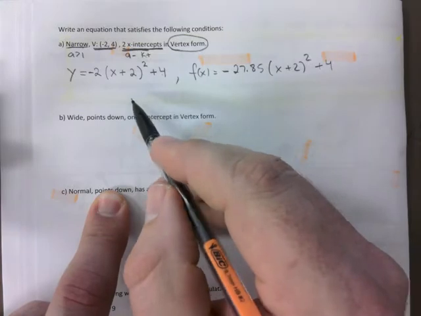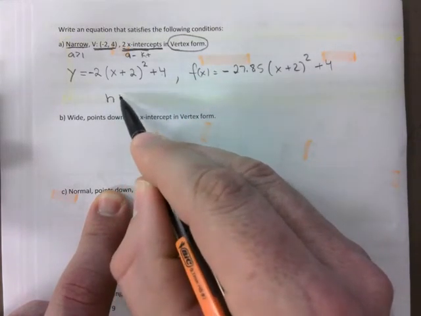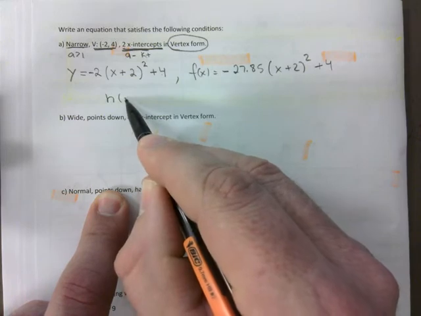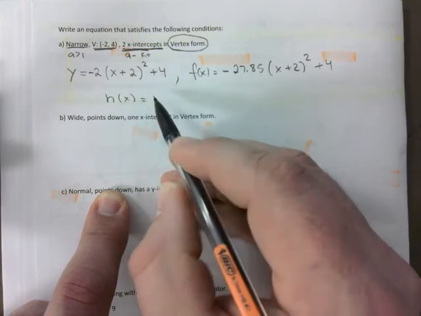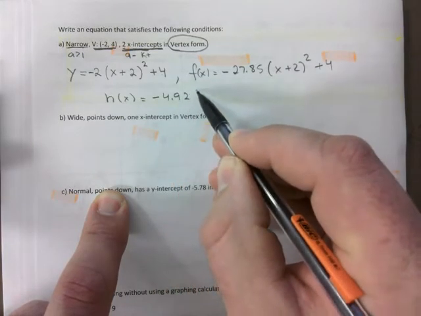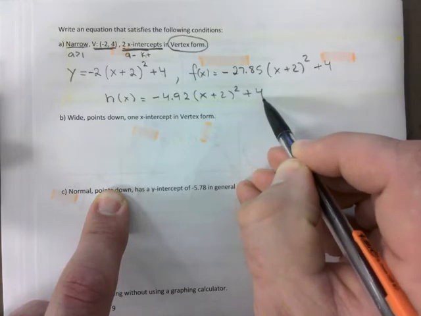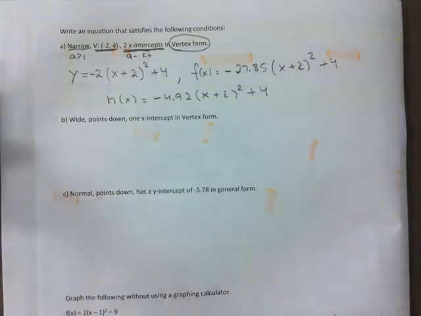So I could go here, you could go h of x, if you wanted to, -4.9 times x plus 2 squared plus 4, right? It all works out. So what if you want to use y, f of x, h of x, g of x, you name it, it all works. Okay.